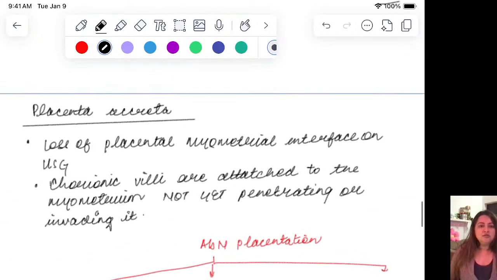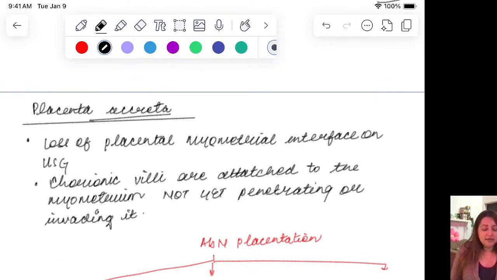Okay, so placenta accreta, whenever you talk about the case that I showed you, there is going to be loss of placental myometrial interface on ultrasound. So there is a hypoechoic line. Whenever you talk about ultrasound, we will be talking about the terminology of hypoechoic, hyperechoic, anechoic, isoechoic, echoic.